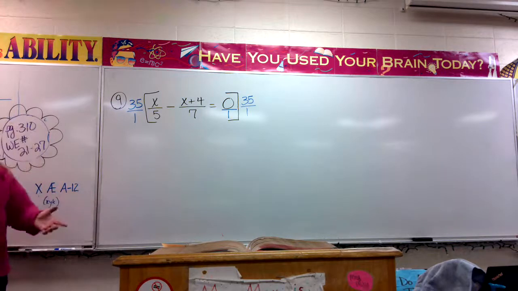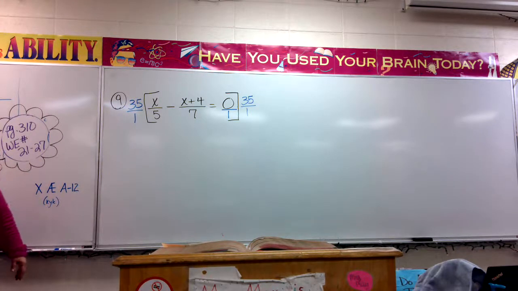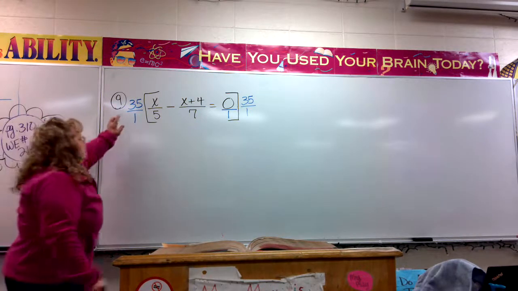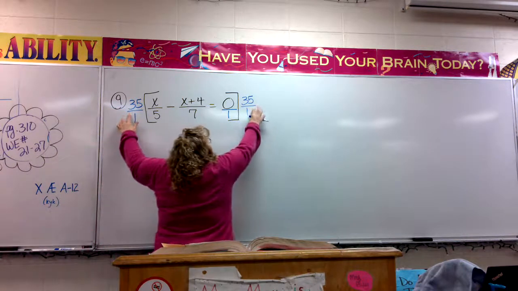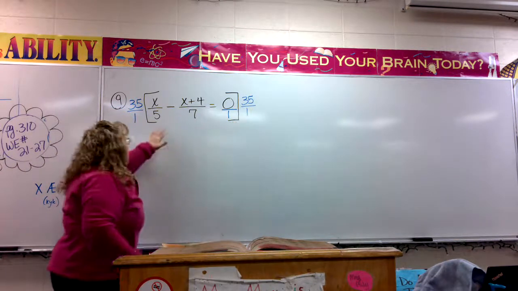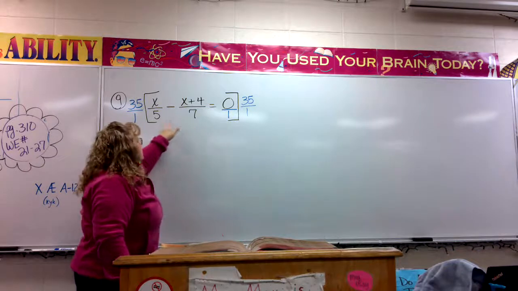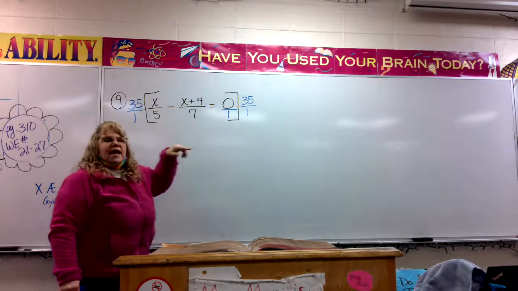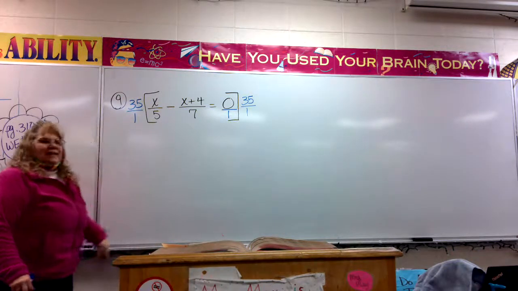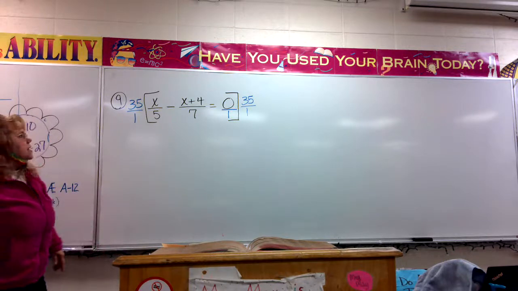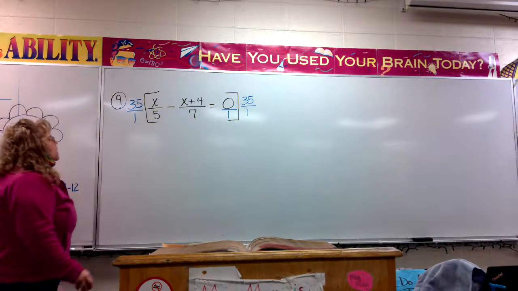So you can add, subtract, multiply, divide, whatever you want, as long as whatever you do to one side, you have to do to the other. And whatever the common denominator would have been, that's what we're going to multiply by. So our common denominator would have been 35 over 1.